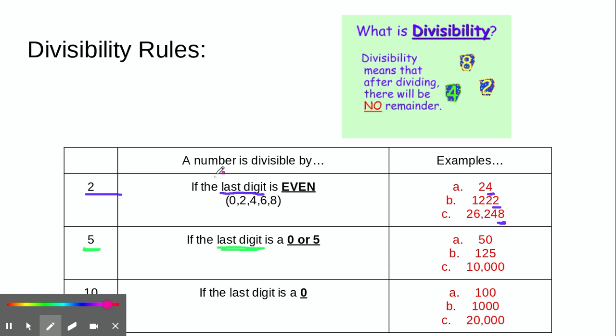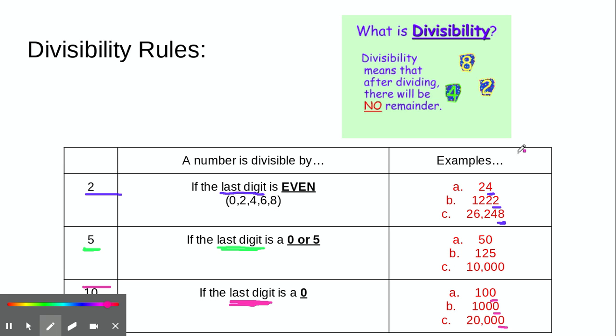And lastly, a number is divisible by 10 if the last digit is a 0. So we're only looking at the last digit when it comes to divisibility. Some examples of numbers divisible by 10 would be 100, so our last digit is a 0, 1,000, and 20,000. They all end in a 0.